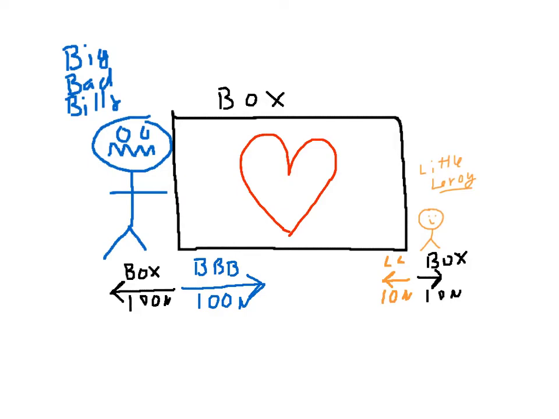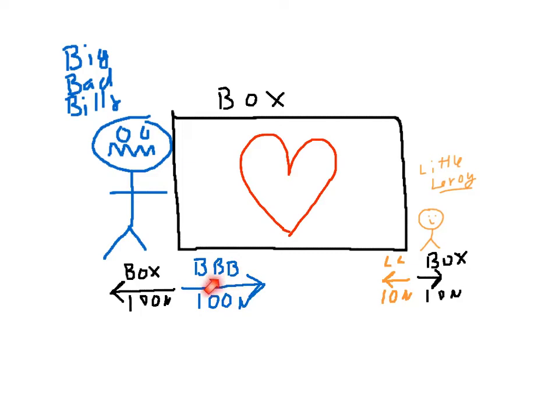So, to figure out if the box accelerates or not, you have to look at the forces acting on the box. This force is the box pushing on Big Bad Billy, so it's not acting on the box. This is acting on the box: the force of Big Bad Billy pushing on the box.